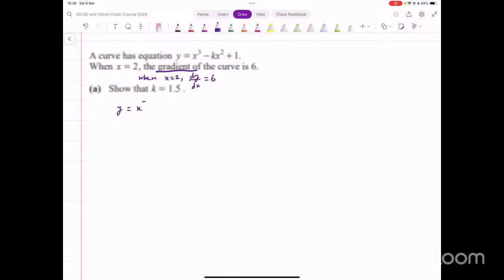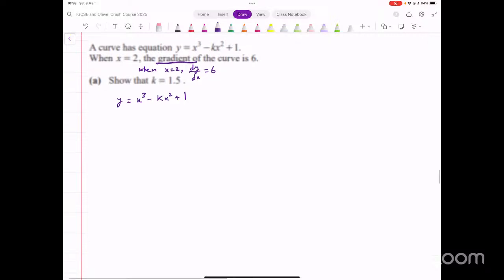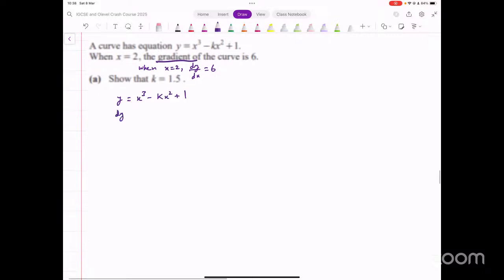y equals x cubed minus kx squared plus 1. That's the function. You can find the derivative of this, dy over dx, and see what that turns out to be. Derivative of x cubed, you multiply by the power, that becomes 3. Subtract 1 from the power, 3x squared, minus k as it is, and you multiply this by the power, it becomes 2k times x power 1.